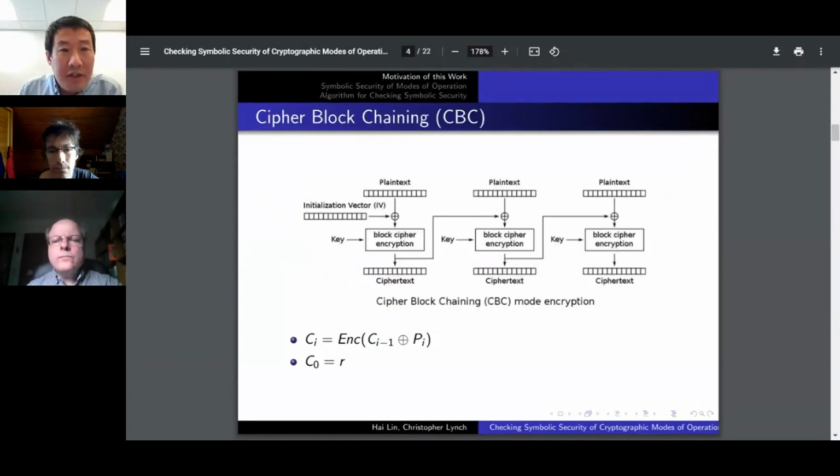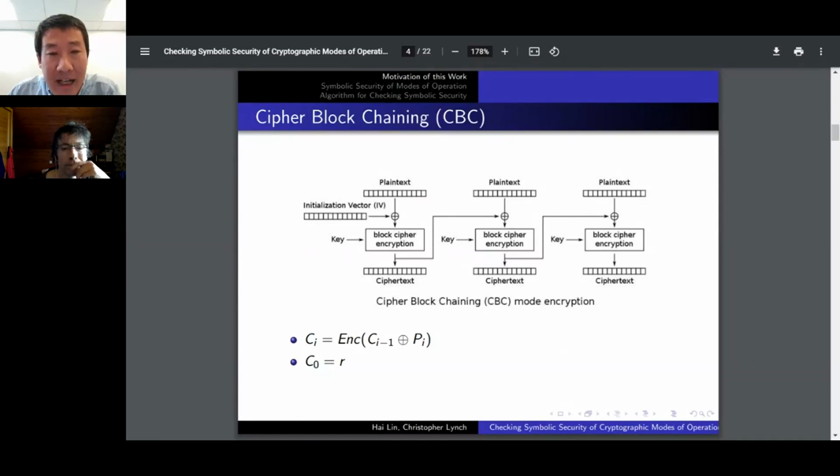So here's Cipher block chaining. In this example, we have 3 plaintext blocks. In order to encrypt a particular plaintext block, we take the previous ciphertext block, we XOR it with the current plaintext block, and then we apply block cipher. So here, Pi means the i-th plaintext block, and Ci means the i-th ciphertext block.